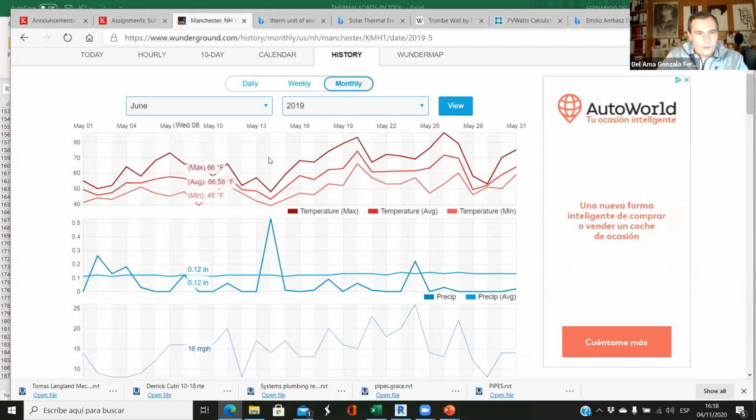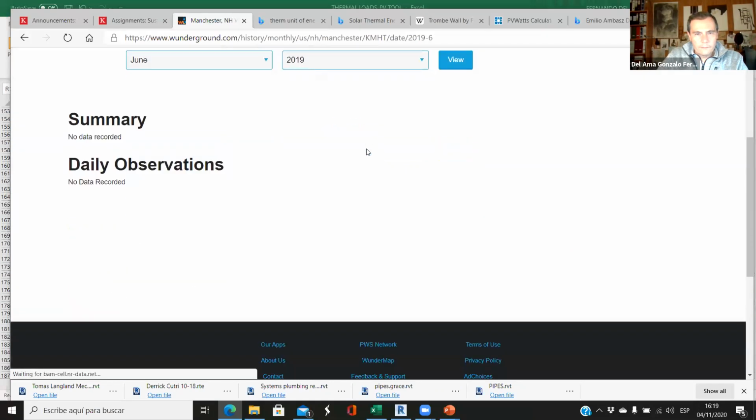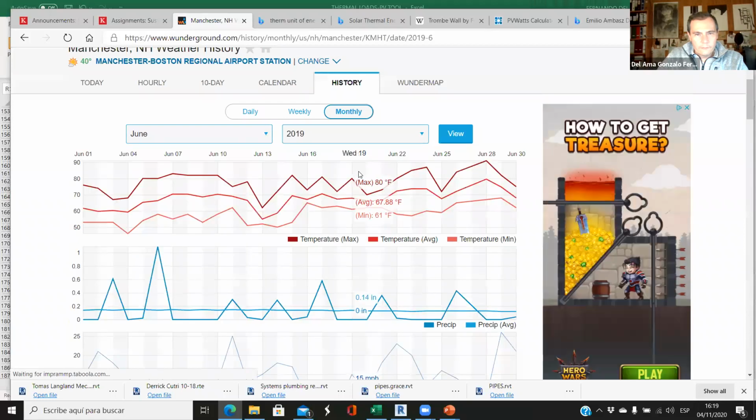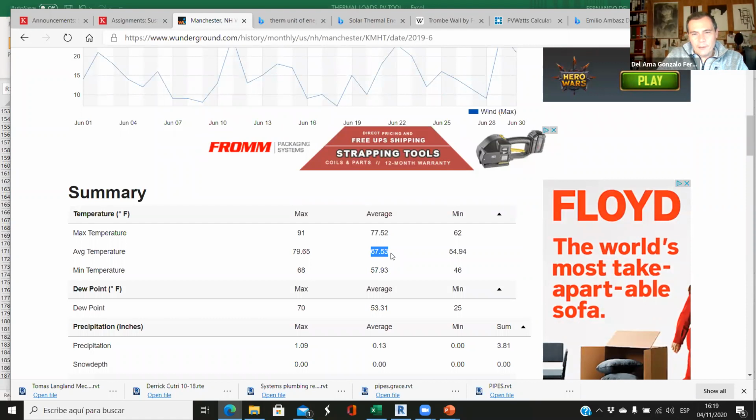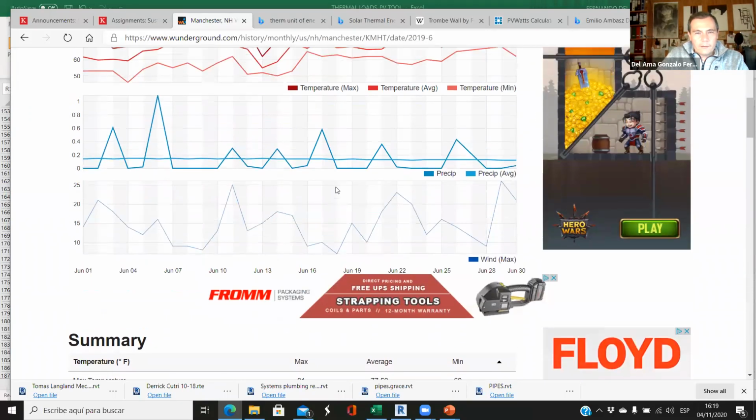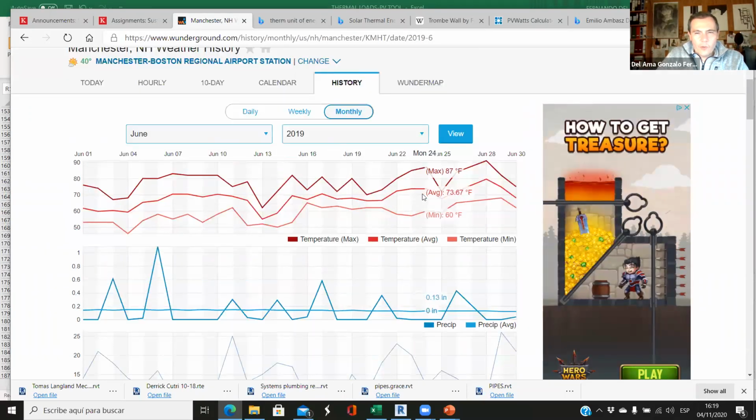What happens in June? Okay, in June, the average temperature is 67. Most days, look at this, the average temperature is 73, 72. Here is 66. Here, the average temperature is 54, 68, 70.